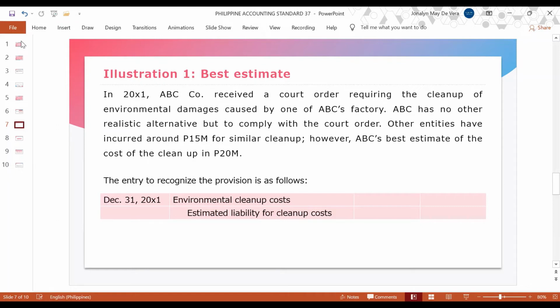But take note, before a provision can be recognized, the answer to all of the question must be yes. If any of the question has a no for an answer, no provision is recognized. When the provision is accrued, a disclosure must also be made. So to entry the provision, we are going to debit environmental cleanup cost 20 million.